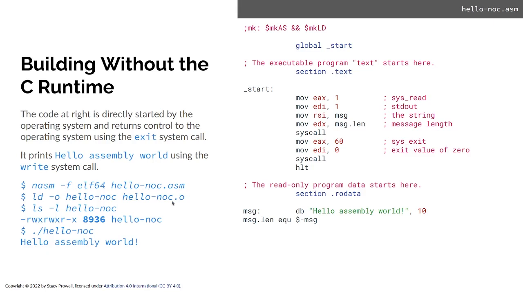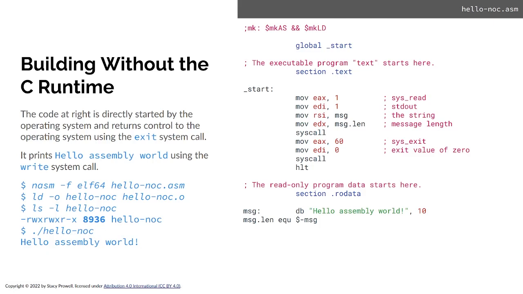That'll give you a file called hello-noc.o, just like compiling it would give you a .o file. We then link it with the linker LD. We get an output called hello-noc, about an 8K file, which when we run it says hello assembly world.